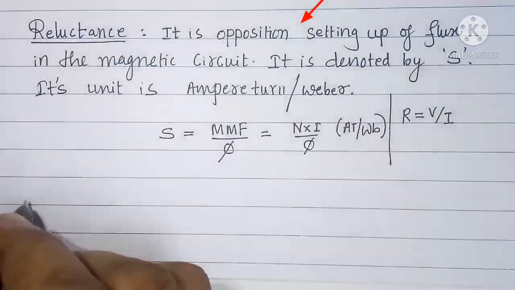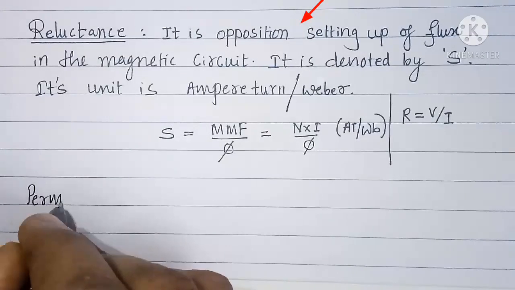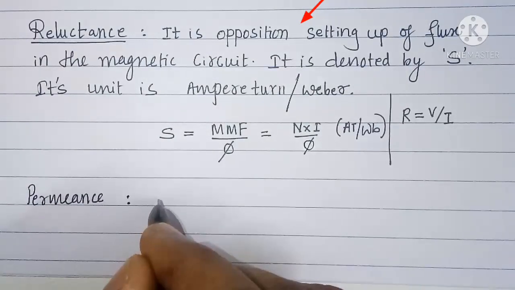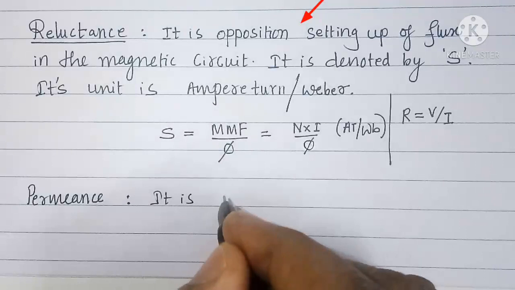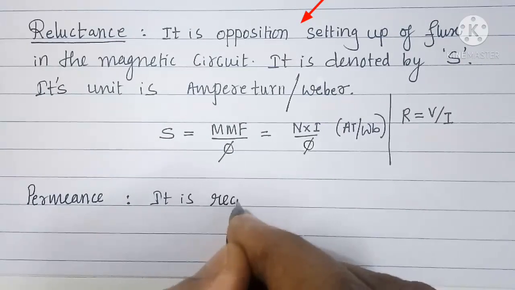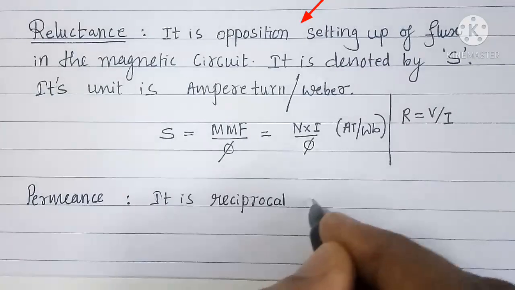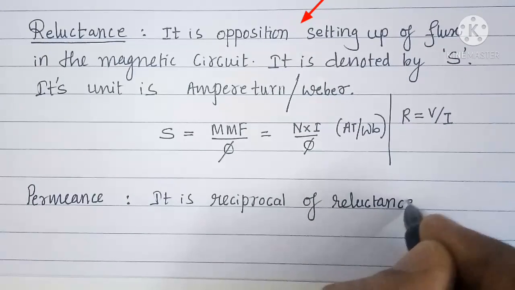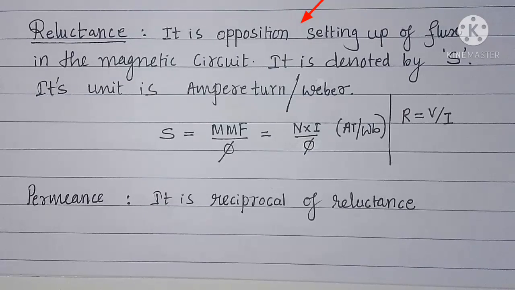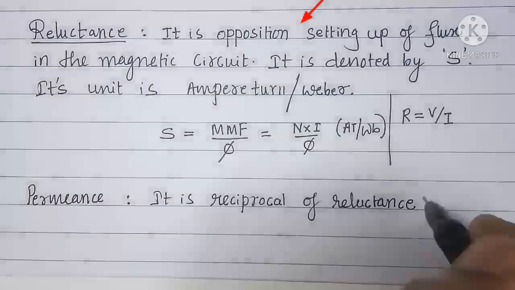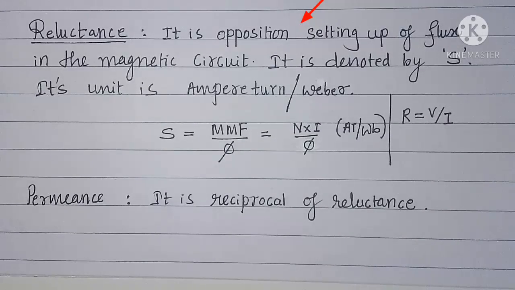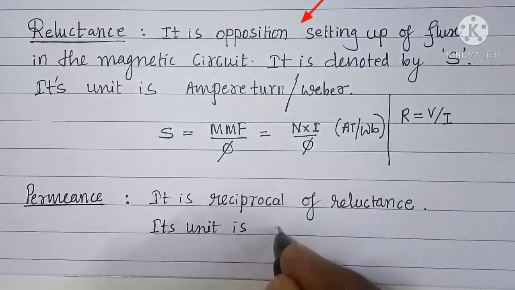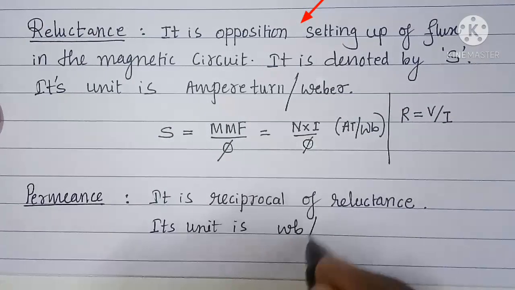Next definition is permeance. It is reciprocal of reluctance. Its unit is Weber per ampere turn.